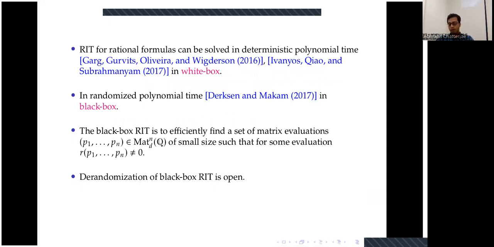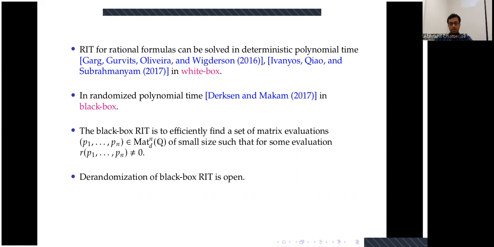And what we know about this problem is that in white box, if we can see how the formula is computed, given this non-commutative rational formula over rationals, we can get a deterministic polynomial time algorithm because of Garg, Gurvits, Oliveira, and Wigderson. And then Ivanyos, Qiao, and Subrahmanyam extended this to over finite fields also. Whereas if the formula is given in black box, then we have a randomized polynomial time algorithm for this problem. But the open problem is to de-randomize this black box variety.